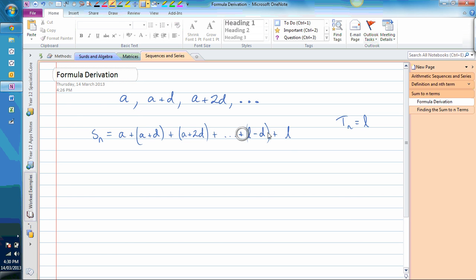Now, we're looking at a formula to do this. We don't want to have to do every little sum separately. So what I'm going to do is rewrite that line exactly the same, the only difference being I'm going to flip it. I'm going to write it in the opposite order. The first term that I'm going to write is L. The next term is L minus D. The next term would be L minus 2D.